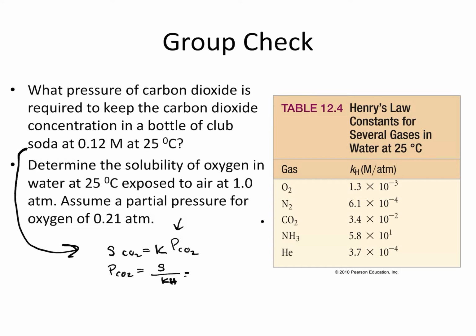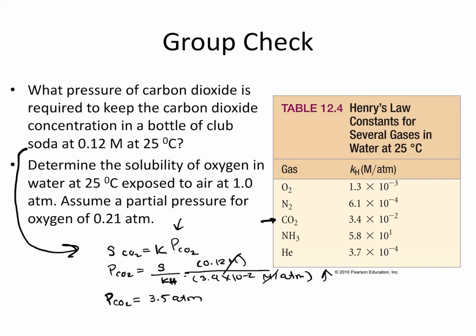Now you have to look up Henry's law constant. You are given the solubility of 0.12 molar. So for carbon dioxide, the constant is 3.4 times 10 to the negative 2. So you have 0.12 molar divided by 3.4 times 10 to the negative 2 molar per atmosphere.